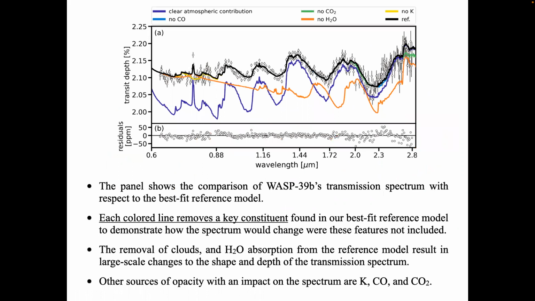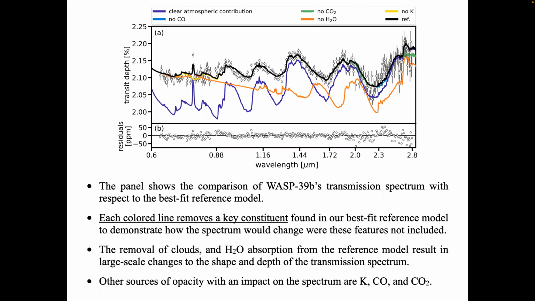And this is the comparison of our points with theoretical models. The black line is the base model, and there are other lines. Each colored line removes a key constituent of our model.